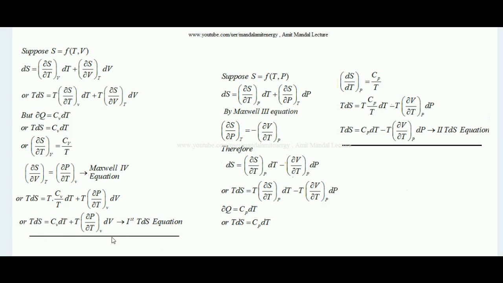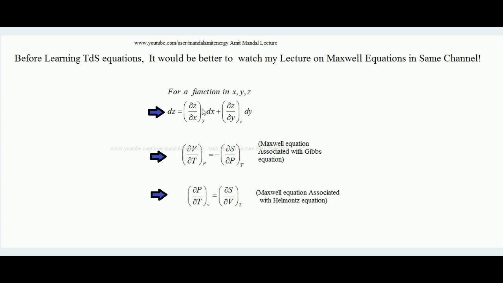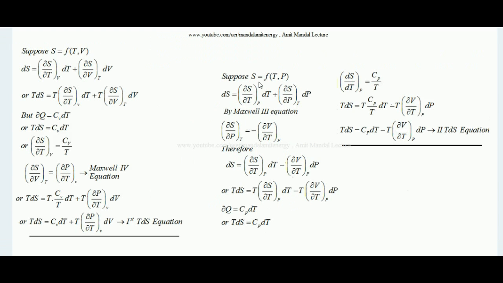That's it. Second, the same analogy applies here. In case s is a function of T and P, then we can write ds equals del s by del T at constant P dT plus del s by del P at constant T dP.